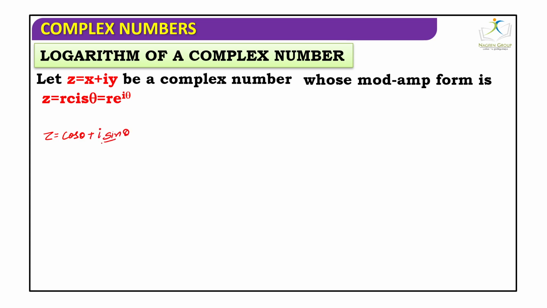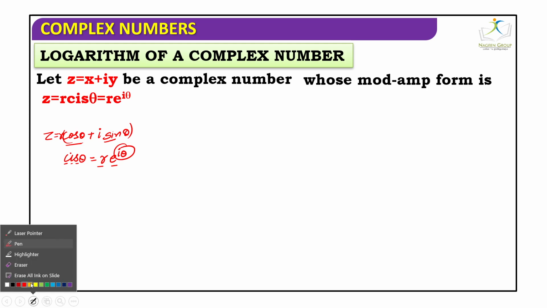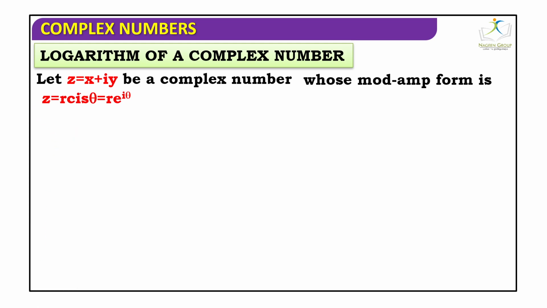As you join cos and iota sin, we get cis theta. So this we write as r into cis theta, which is r e raised to power iota theta, right friends? So we denote z as r cis theta, or r e to the power iota theta.